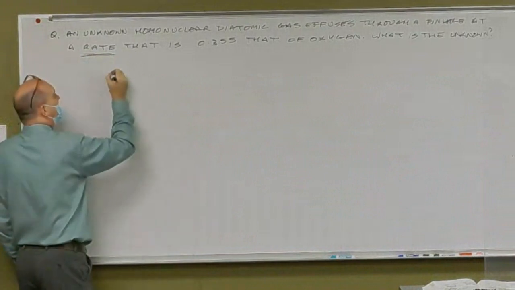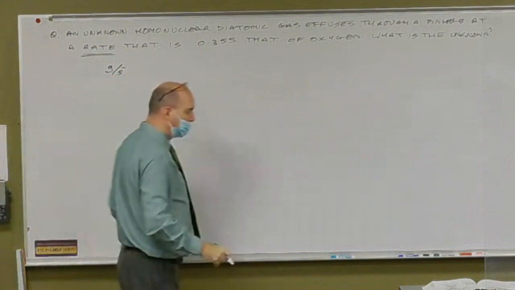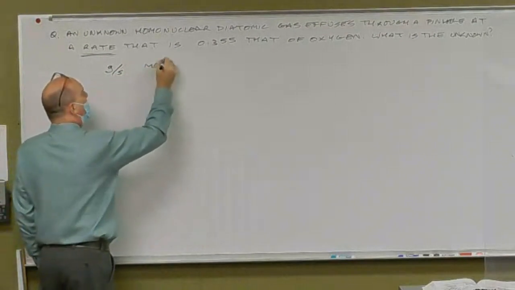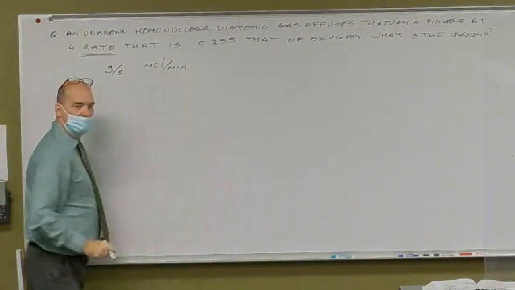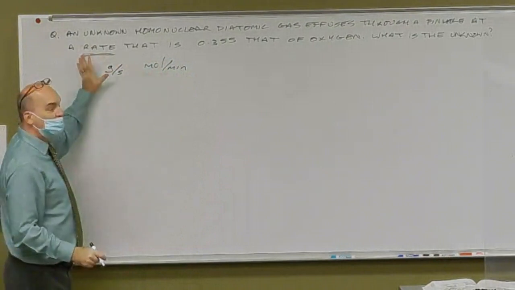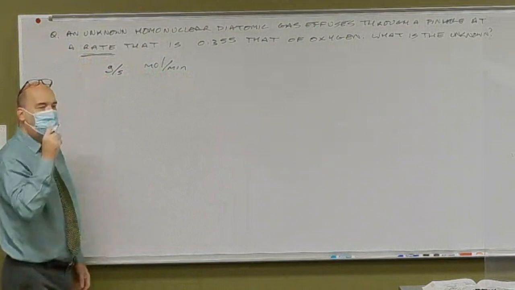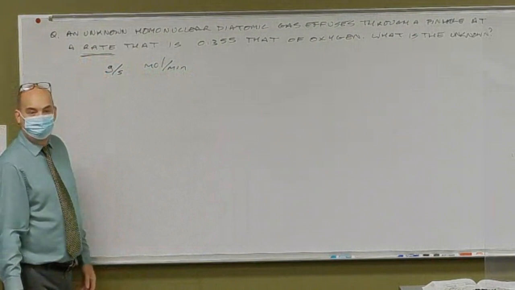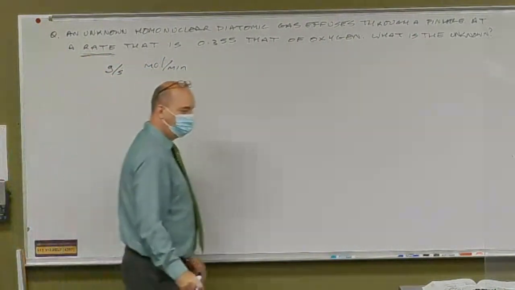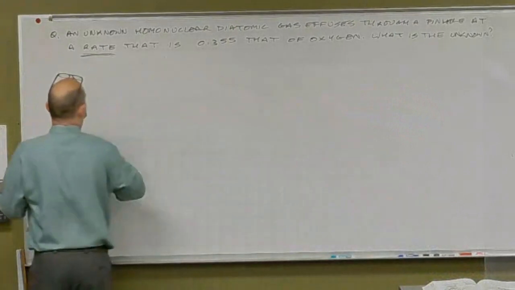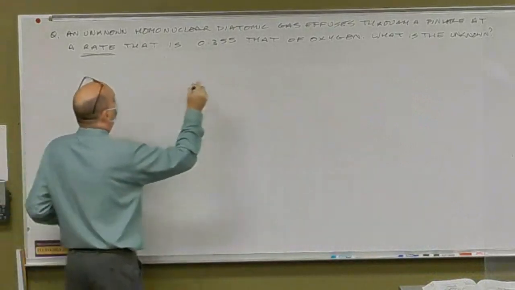If it said anything in the question like grams per second or moles per minute, or anything that was a unit of time divided by a unit of time, you would know it's a rate. If it says it took this amount of time, you would know it was a time. This one says it's a rate. So that's the version of Graham's law that we're going to use.